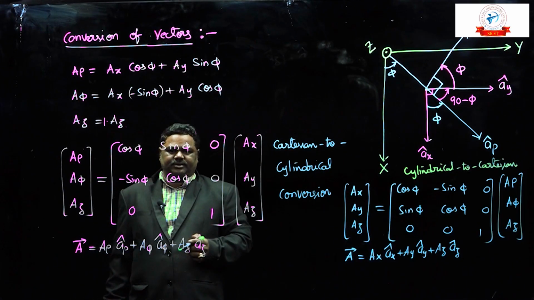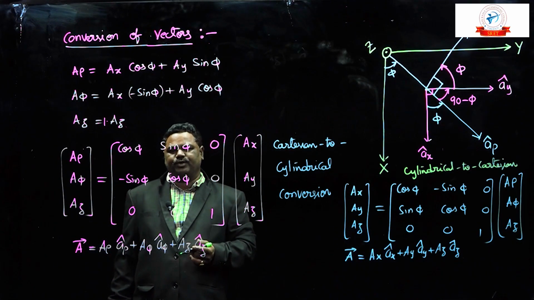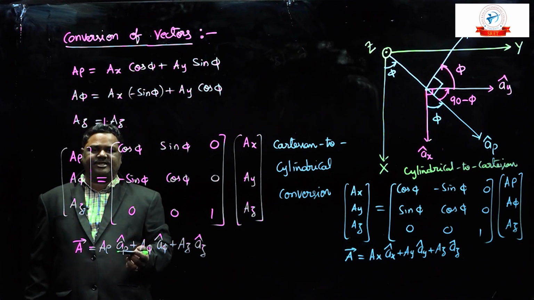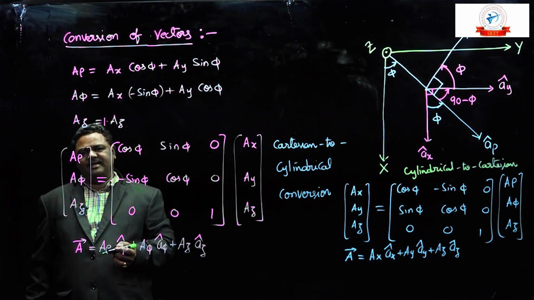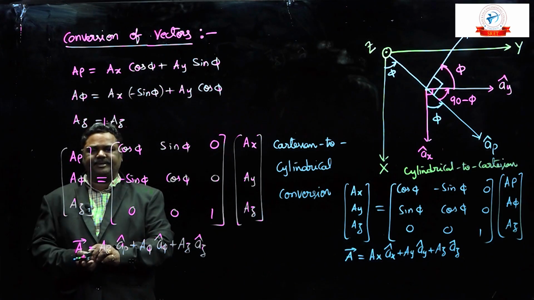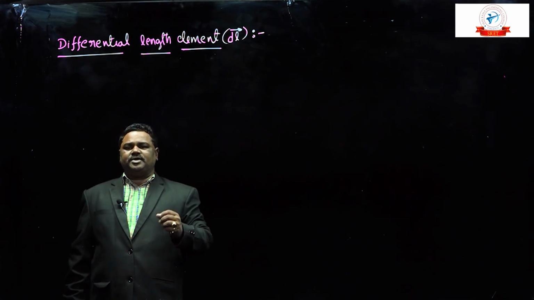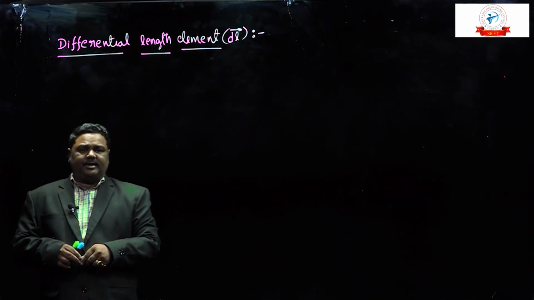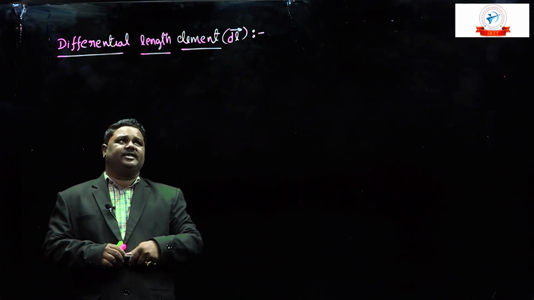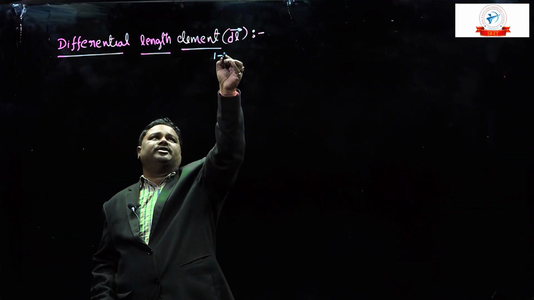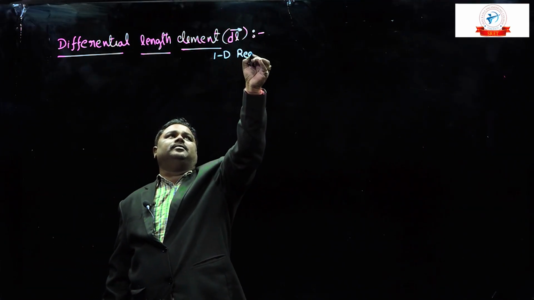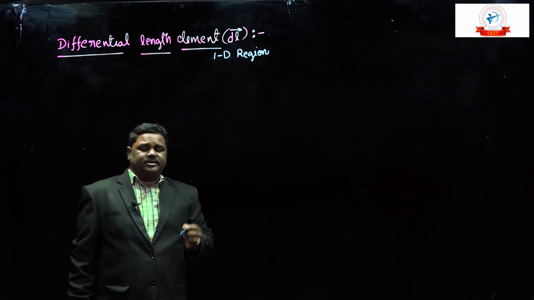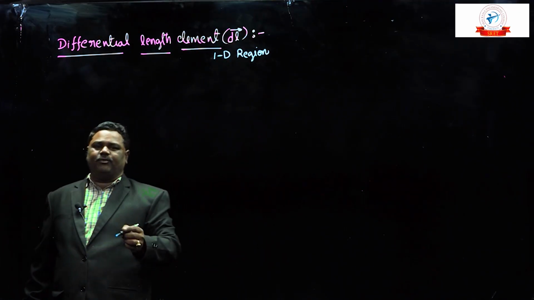Next we will move to how to write the differential length element, surface element and volume element in the cylindrical coordinate system. Now consider the differential length element. A length element is a one-dimensional region, so length must be constructed with one coordinate.